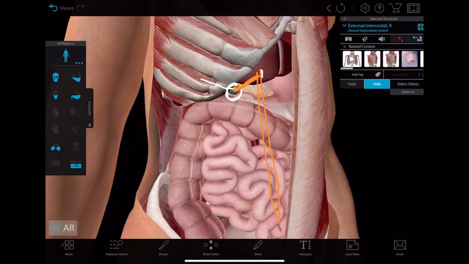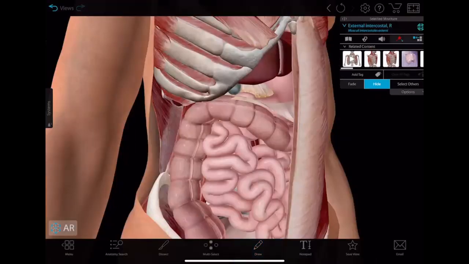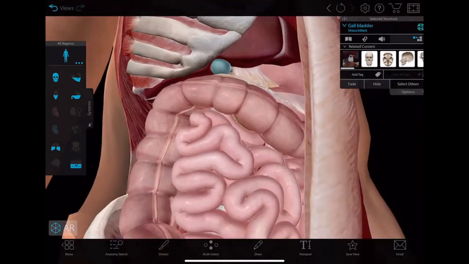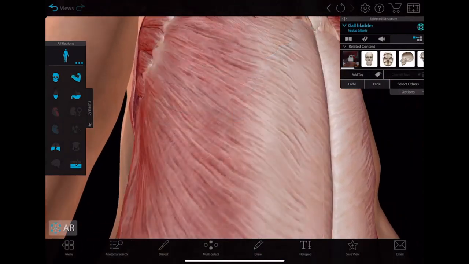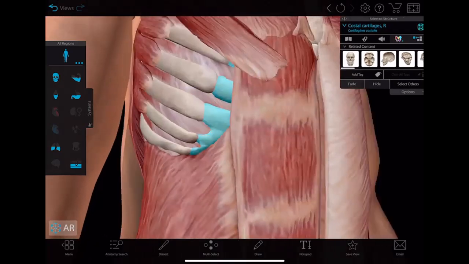So there is the Murphy's point, right? Let us clear the drawing, and you see here is the gallbladder, right? So at the junction of the ninth costal cartilage and the linea semilunaris lies the gallbladder, right? There it is, that is the gallbladder. Let us see once again. So here lies the gallbladder, right? That is Murphy's point.